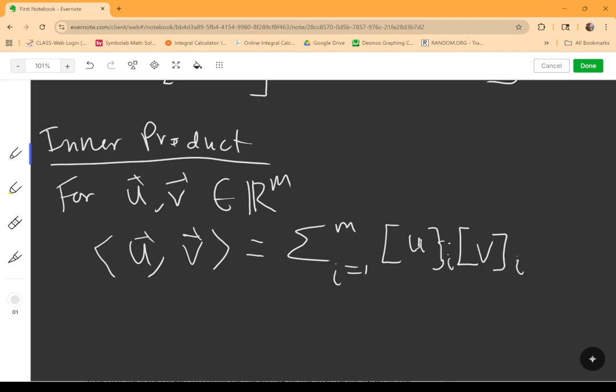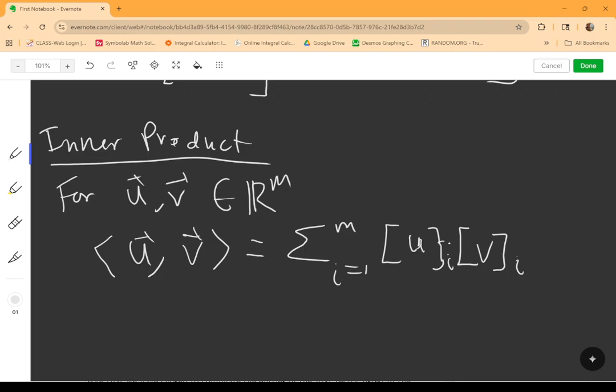Remember, those are the elements, so we go element-wise. The first element in u gets multiplied with the first element in v, then you add the second element in u multiplied by the second element in v, and you continue working your way through each vector.